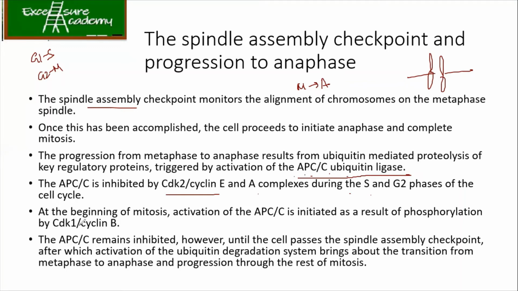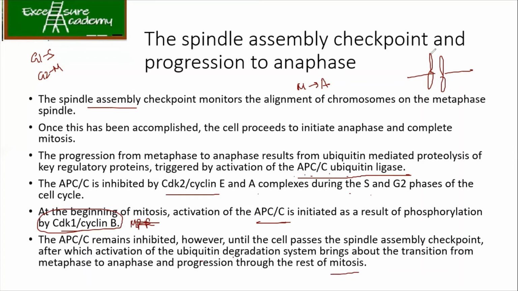So at the beginning of the mitosis, APC/C is getting activated as a result of phosphorylation by your CDK1-cyclin B, MPF. Okay. So it remains inhibited, however, until the cell passes the spindle assembly checkpoint, after which activation of the ubiquitin degradation system brings about the transition from metaphase to anaphase and progression through the rest of the mitosis.